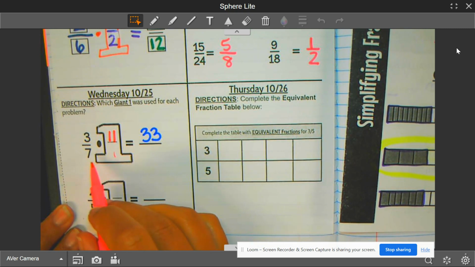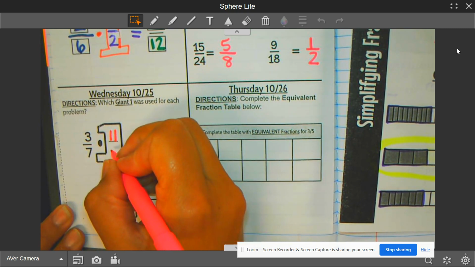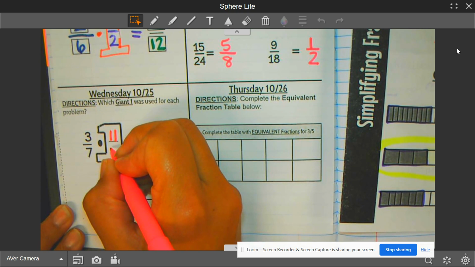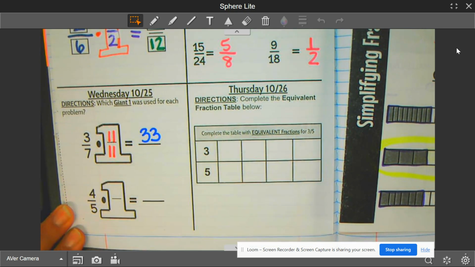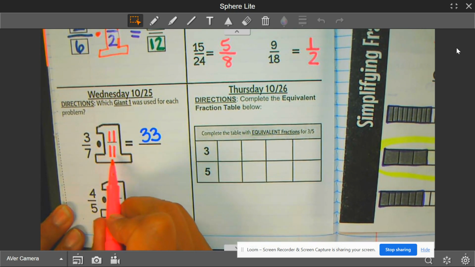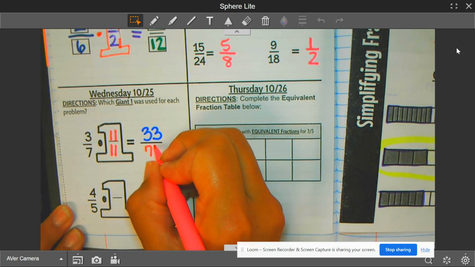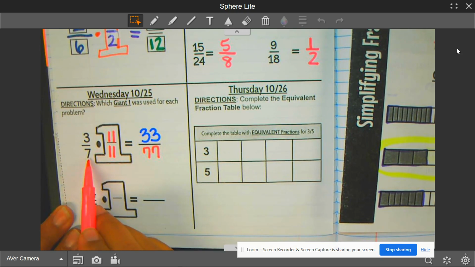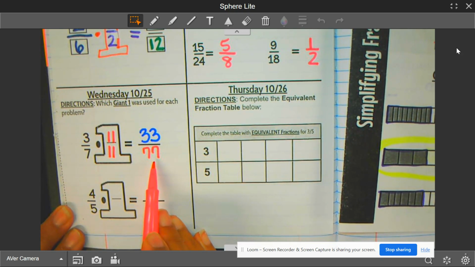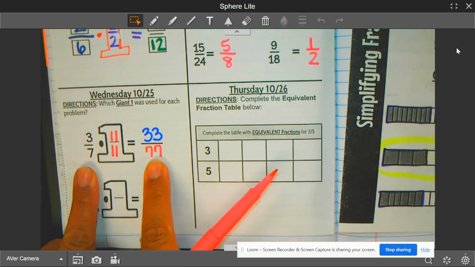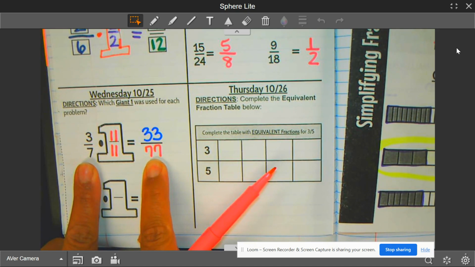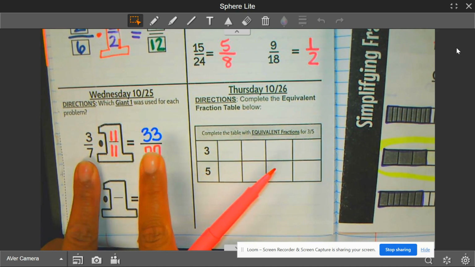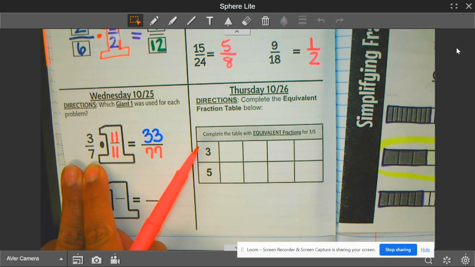Since 11 is in the numerator, to create a giant 1, I also need 11 in the denominator. So I multiply 7 times 11 to finish creating my equivalent fraction. So 3/7 is equivalent to 33/77. Now, which one of these is written in simplest form? That is correct, 3/7 is the one written in simplest form.